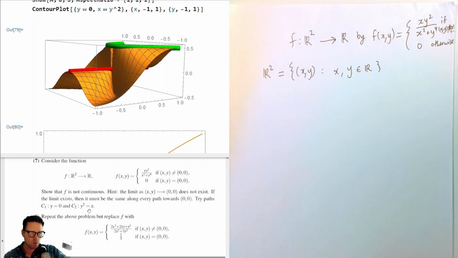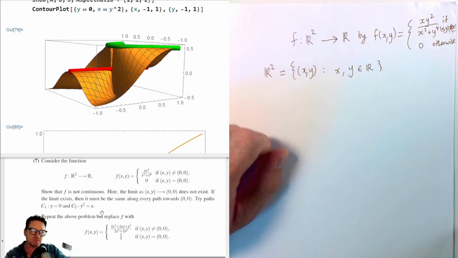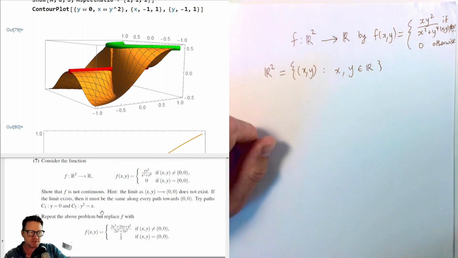Okay, so y squared equals x also contains the point 0, 0 because 0, 0 satisfies that equation. So both of those 2 paths contain 0, 0, but they're not the only 2 paths you could have used to demonstrate that this function is not continuous at 0, 0, and hence not continuous.